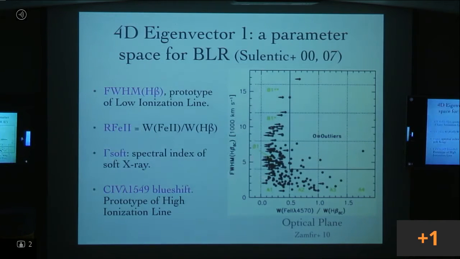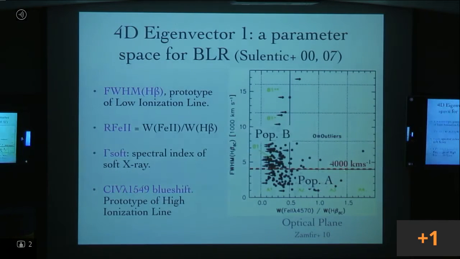And here I show you the optical plane of this eigenvector 1. This is the RFe, and this is the full width at half maximum of H beta. And in 2000, they said, well, we see that we can split all these points into populations.